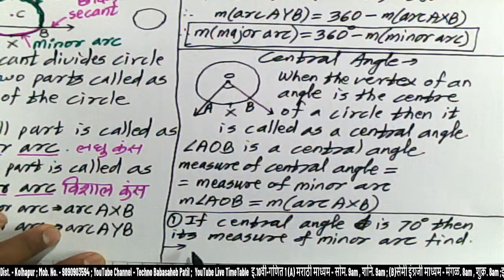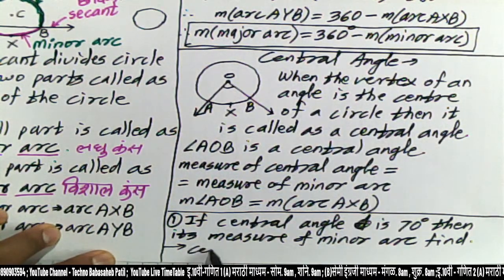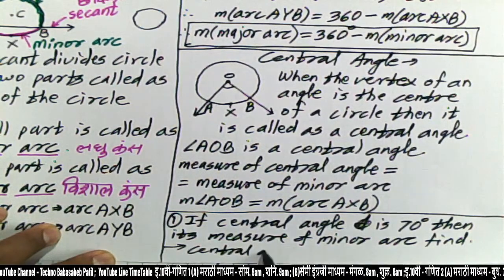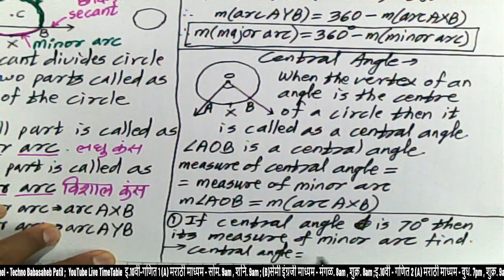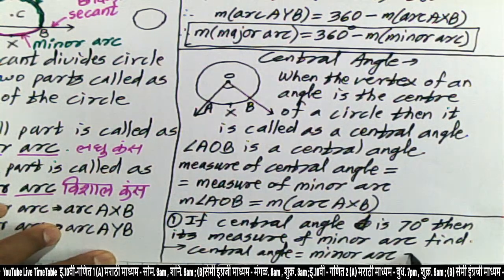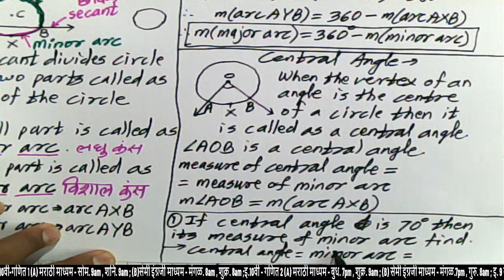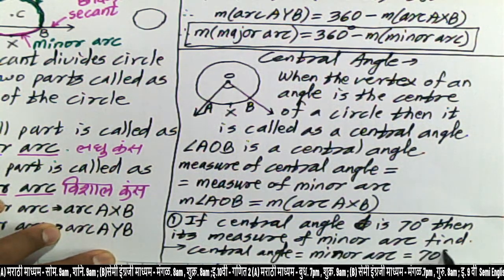As the central angle and minor arc are congruent, the central angle is 70 degrees, therefore the minor arc is also 70 degrees.